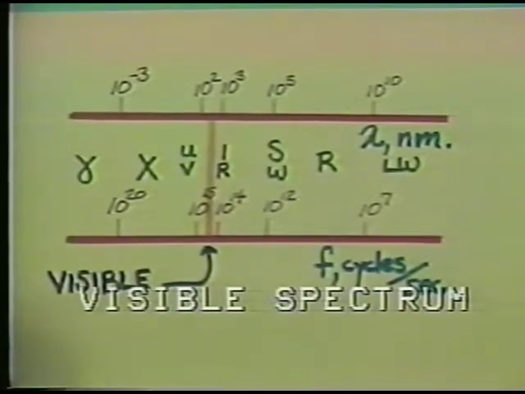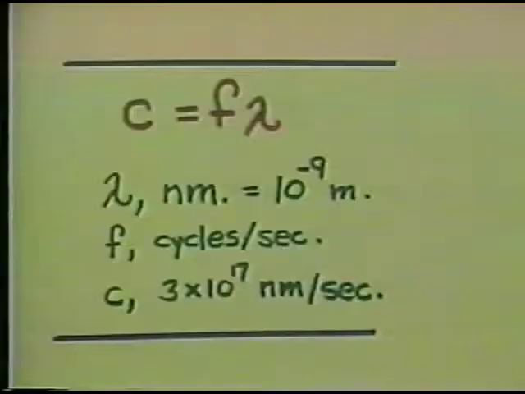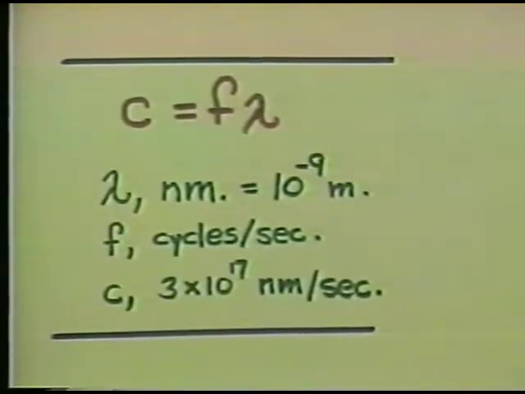Now the relationship between frequency and wavelength is shown by a simple equation, which I have here, which relates the velocity of light in a vacuum to frequency and wavelength.